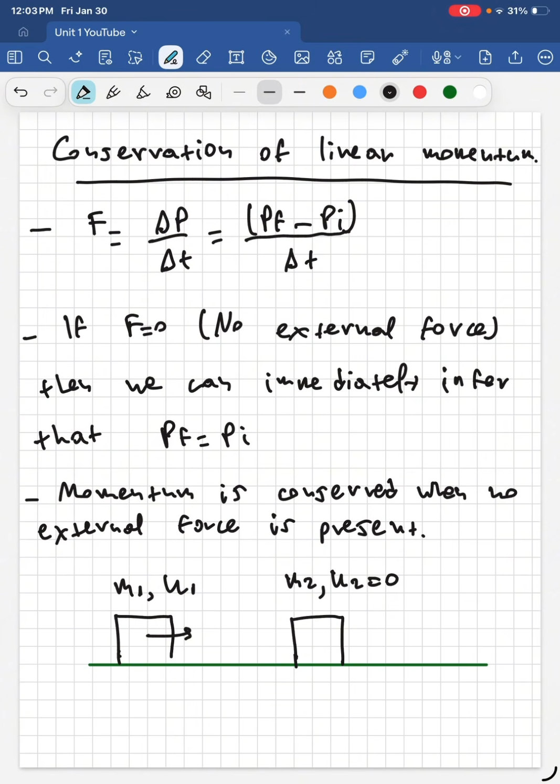So this is the situation before, and this is the situation after. After, we don't care what's gonna happen, okay? So in this case, momentum is conserved, right? Because there is no external force when these two blocks hit each other.